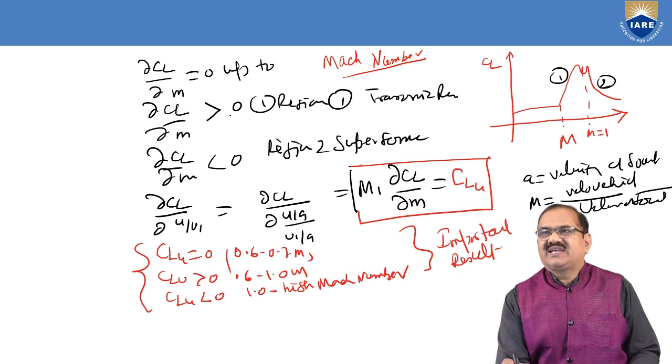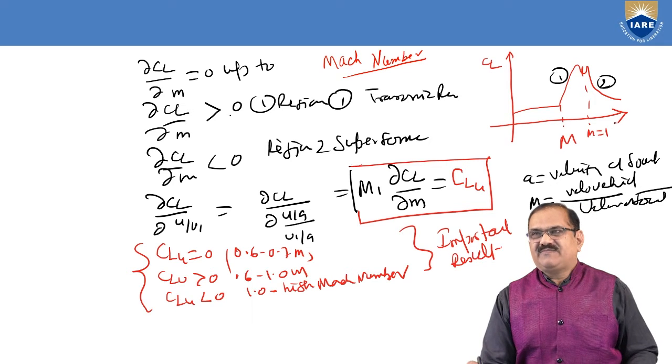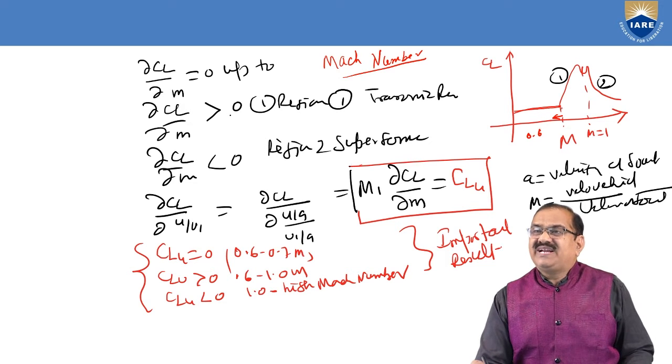So if we plot CL versus Mach number, below 0.6 Mach, this side, CLU will remain constant. From here, transonic to the supersonic, means M1, it will increase, and after M1, at the supersonic, it will come down.